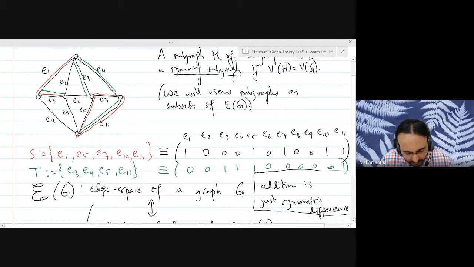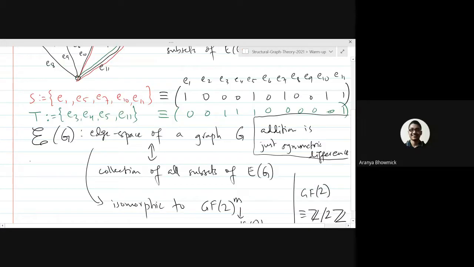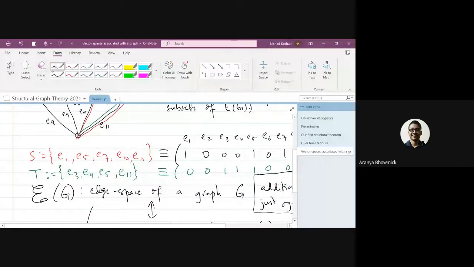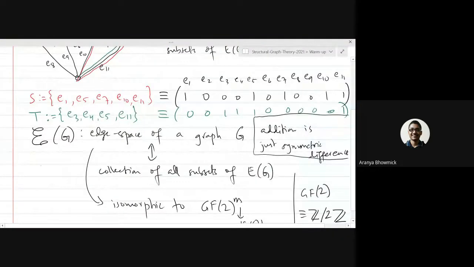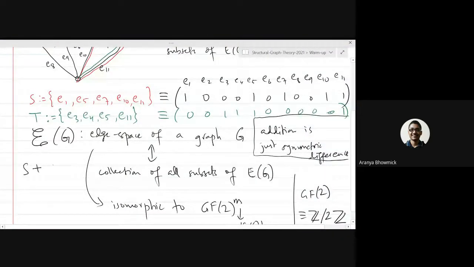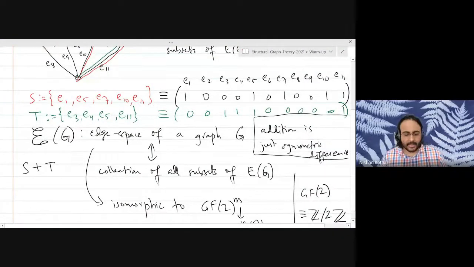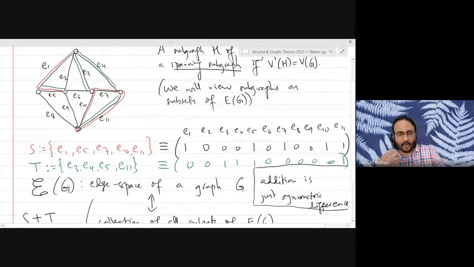Okay, so what is S plus T? If we view them as sets, then it is symmetric difference. Otherwise, if you view them as vectors, then we are basically doing a bitwise XOR operation. Exactly, it is a bitwise XOR operation. So S plus T, if you want to look at it diagrammatically, you're taking all the edges that are green but not red, and all the edges that are red but not green.